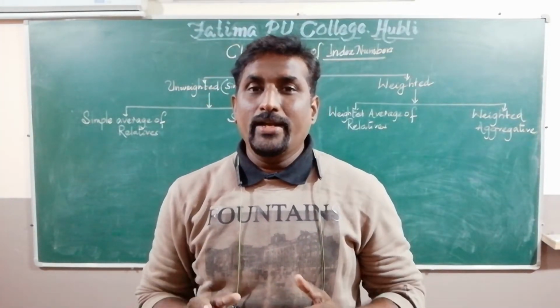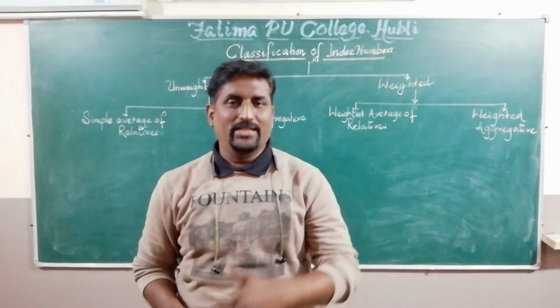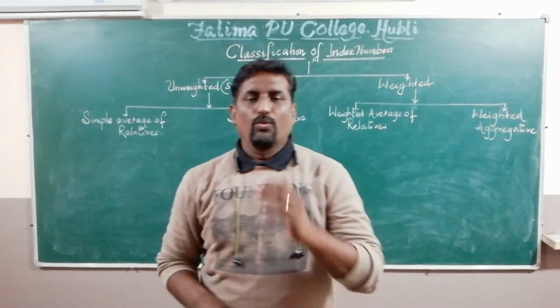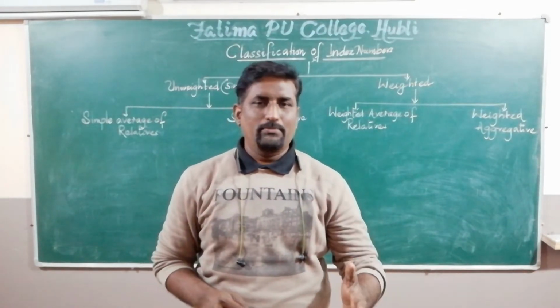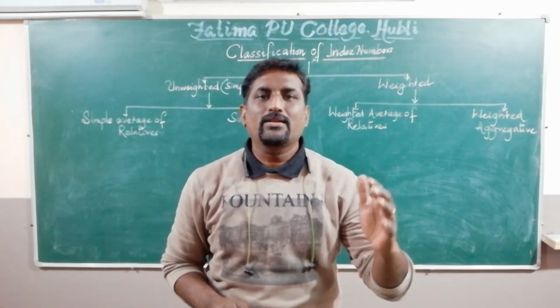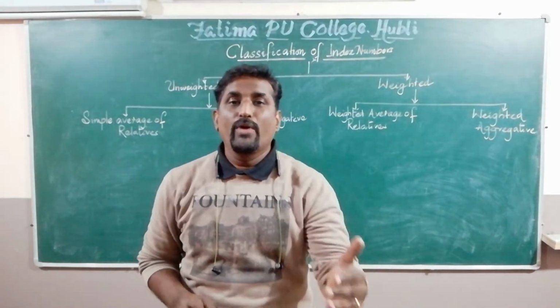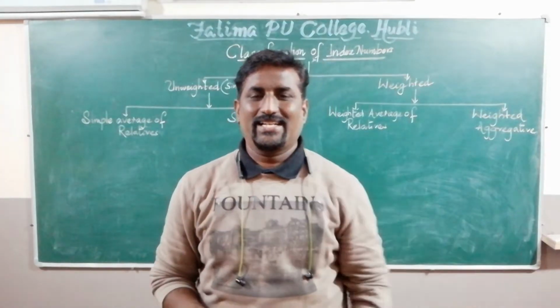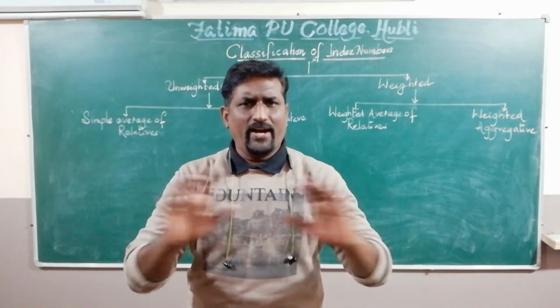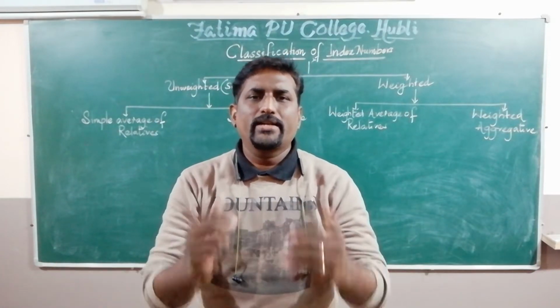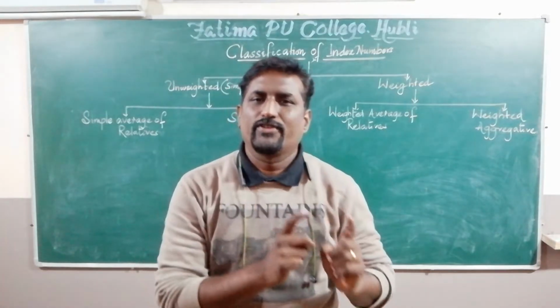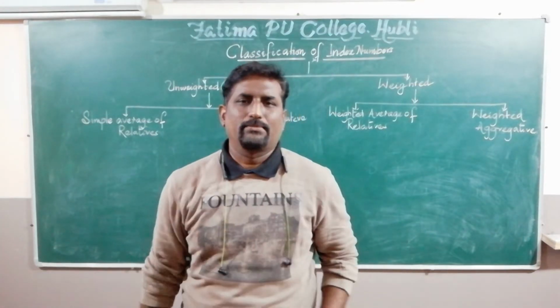For quantity index number and value index number, you should mention the words. But for price index number, if you mention it, fine, it's absolutely fine. If you don't mention it and only write index number, it always refers to price index number only.